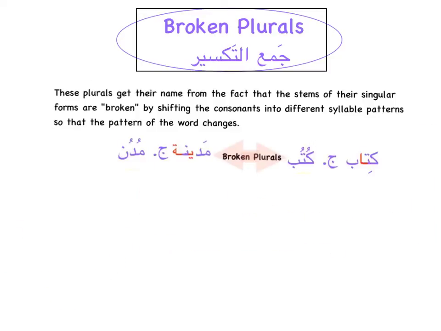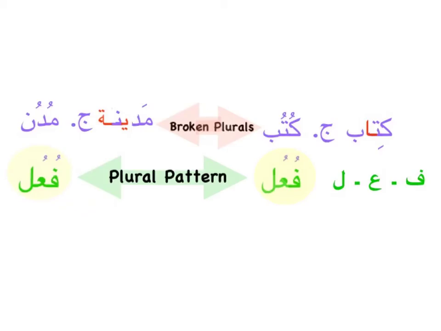Other examples of broken plurals, we have Kitaab, book, كتب, books, مدينة, city, مدن, cities. Notice how in Kitaab the root is كتب, and in Medina the root is مدنة.